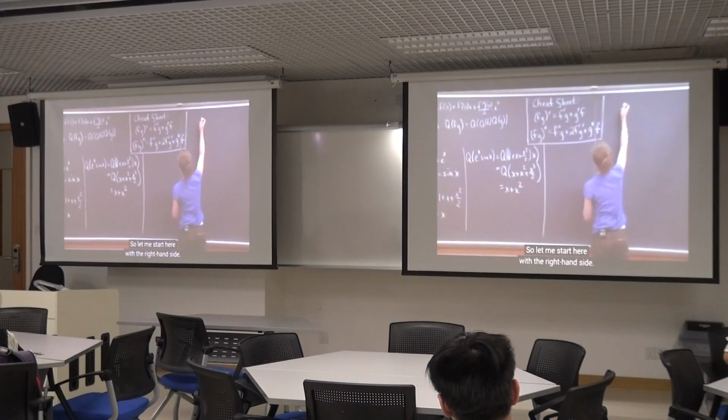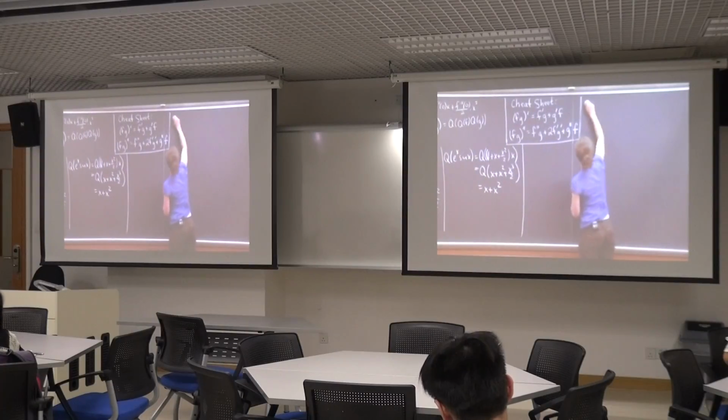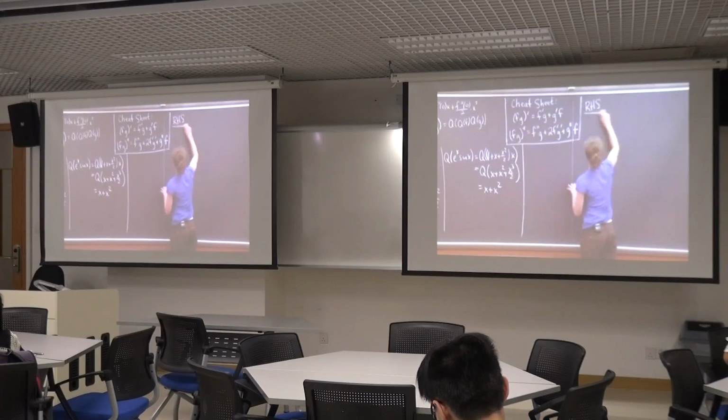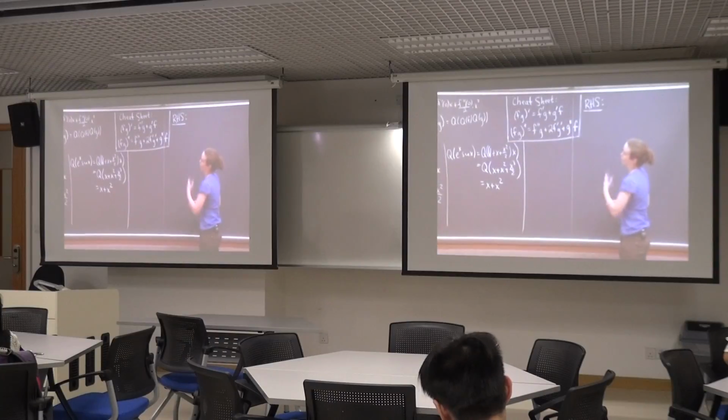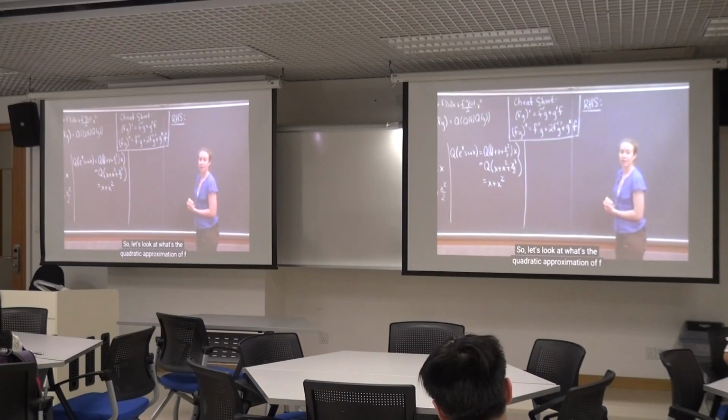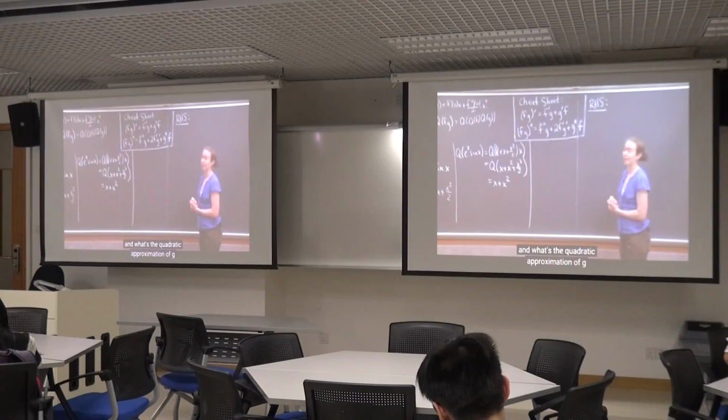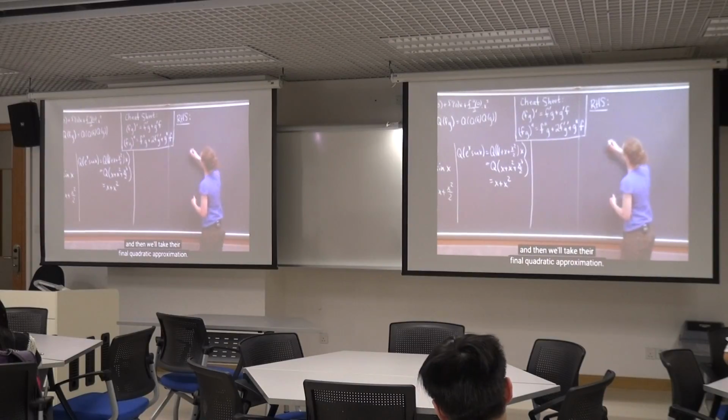So let me start here with the right-hand side. Okay, so let's look at what's the quadratic approximation of f and what's the quadratic approximation of g, and then we'll take their final quadratic approximation.